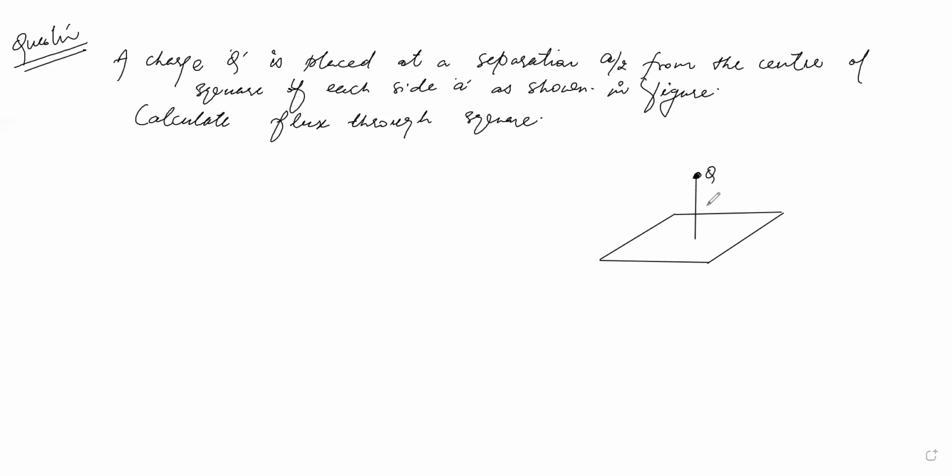This is your charge Q, which is separated by a/2. Your question is to calculate the flux through this square. Are you clear? Note it down first, then we will try to understand it in detail.